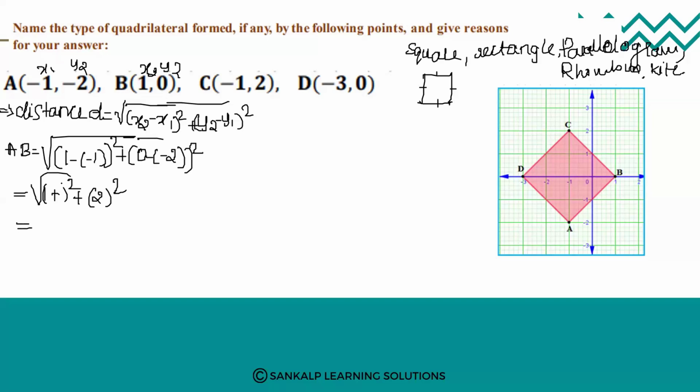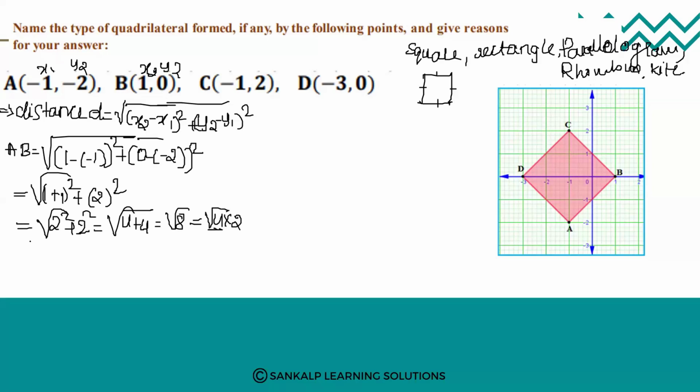So what you will get? 2 square plus 2 square, that is 4 plus 4, we will get 8. Okay, so 8 can be written as 4 into 2.